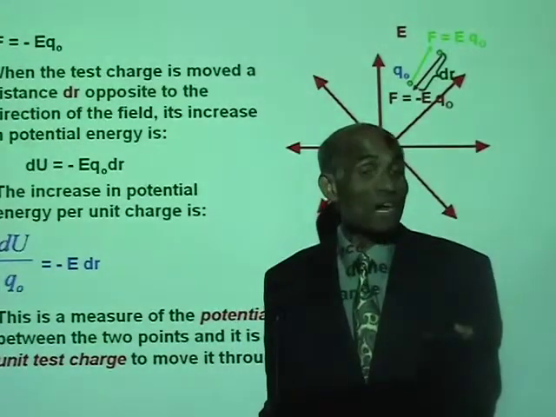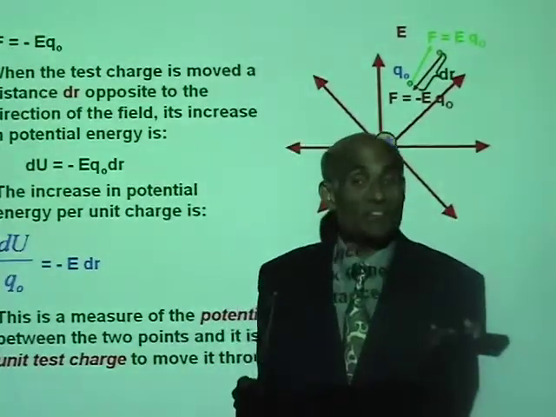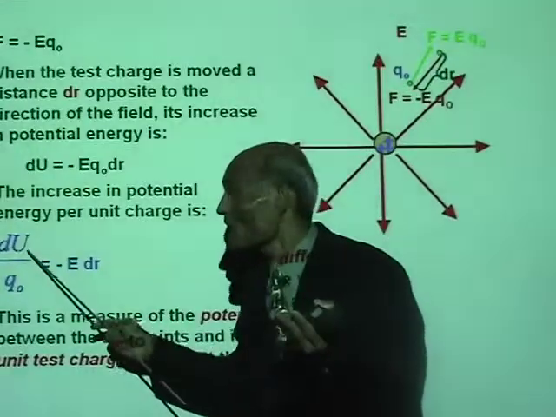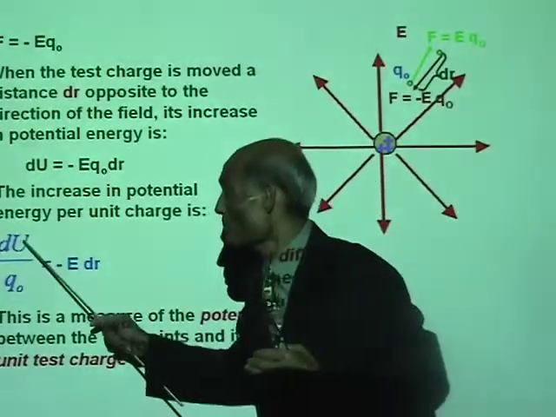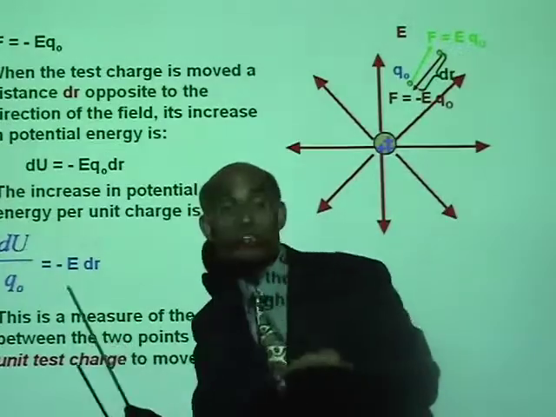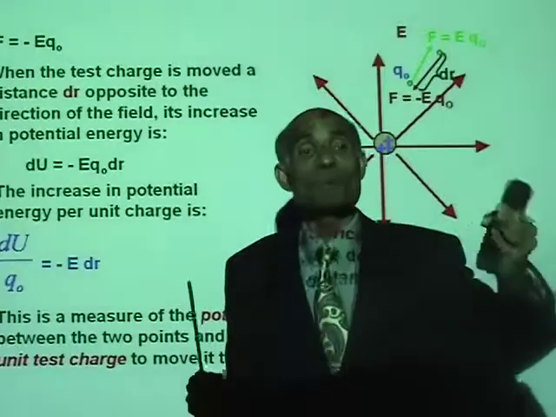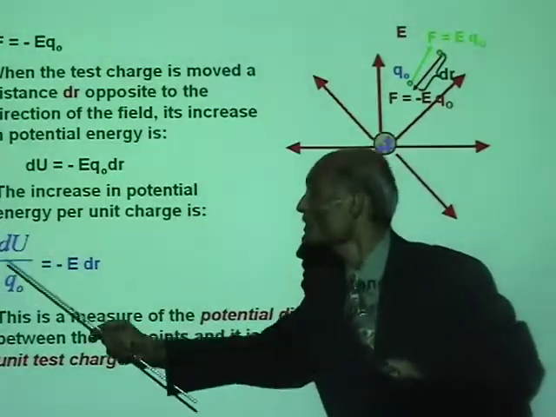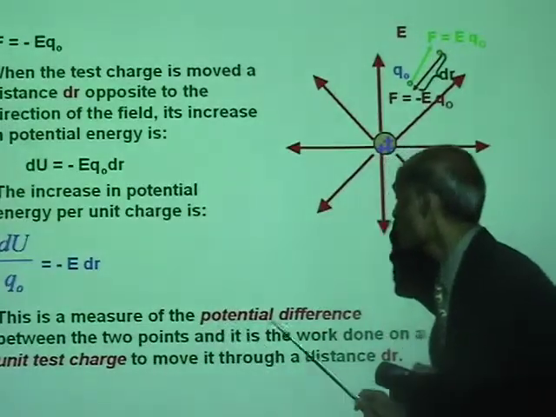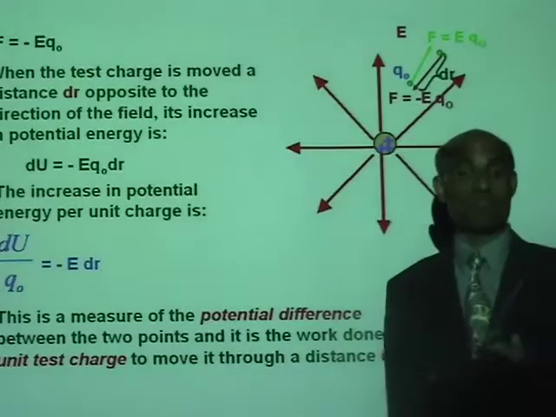Now, if I want, I can also say work done per unit charge. Is that right? Because potential energy is a measure of the work done. So, potential energy per unit charge is also a measure of work done per unit charge. Now, what do you call that? This work done per unit charge is called the potential difference between the 2 points.